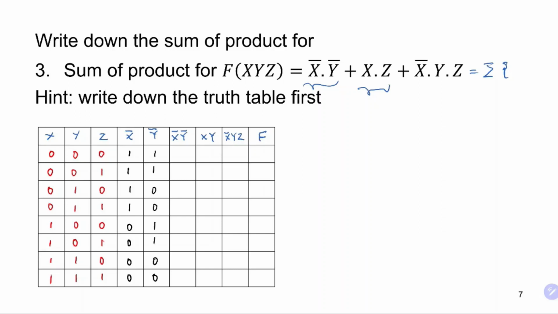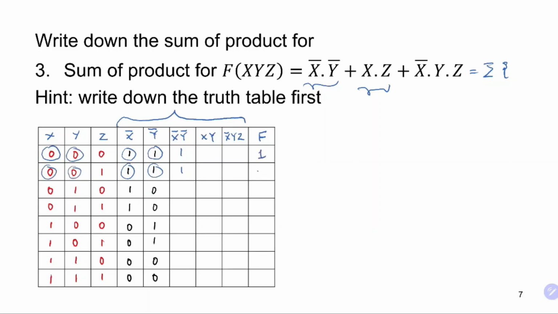So my x bar, y bar. Another way to do this, if you get familiar with all this, you can actually skip all this. Because if you see x bar, y bar, that is when my x and y are 0.